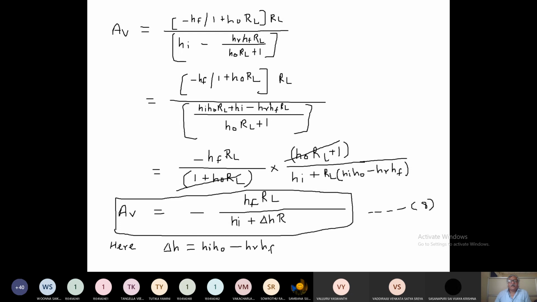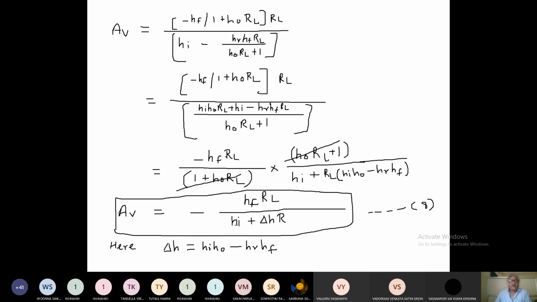Now you see, suppose in some time you want to calculate only voltage gain, right? Suppose you want to calculate only voltage gain, and H parameters are given. HF is given, Hi, H naught, HR are given. So if you are using this equation number 8, then there is no need of calculation of current gain or input resistance, right?